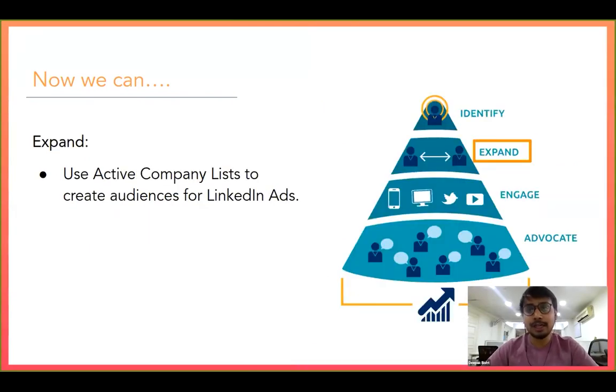Now the next stage, expand. So how do you expand in these accounts? Once you have your list of target accounts, you obviously would want to expand your reach within each of those target accounts.